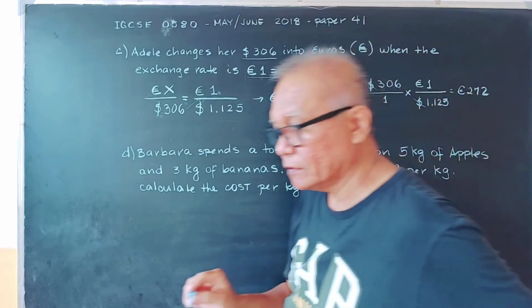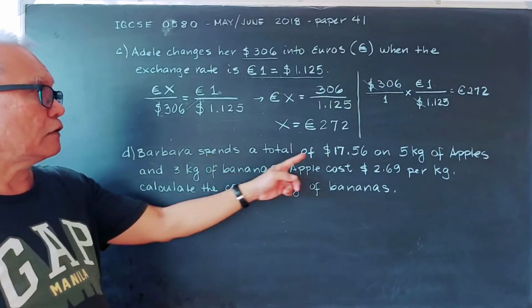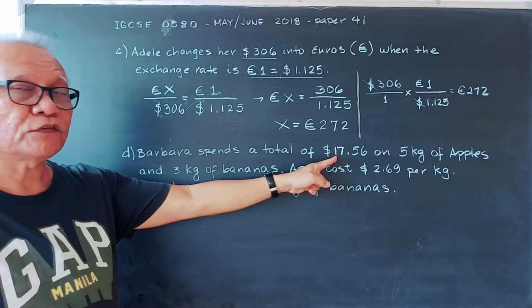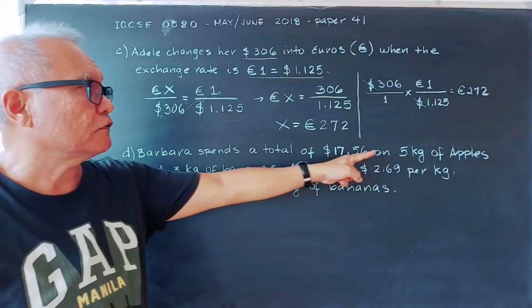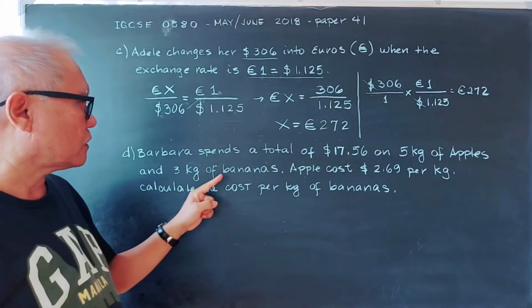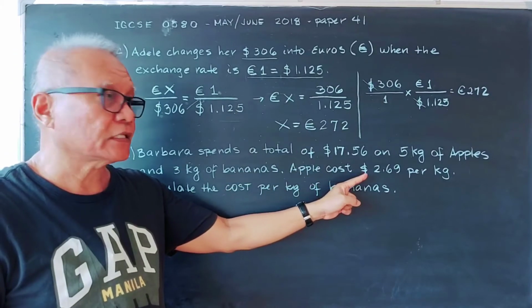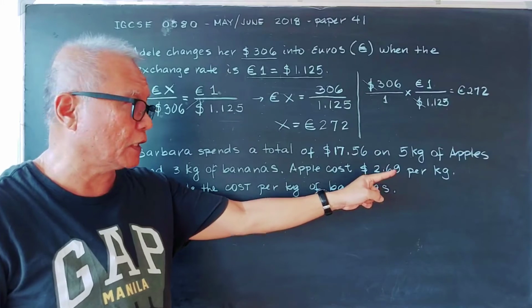Okay, letter D. Barbara spends a total of $17.56 on 5 kilograms of apples and 3 kilograms of bananas. Apple costs $2.69 per kilogram.